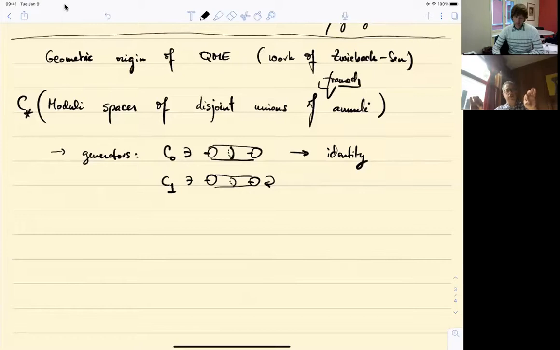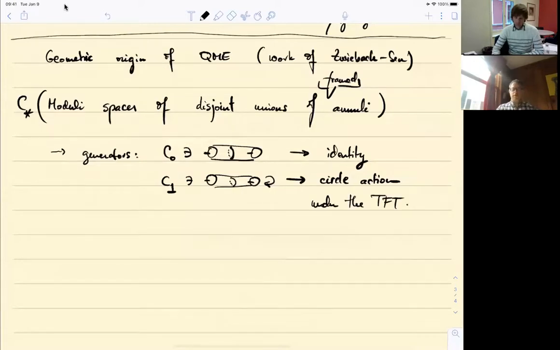As a movie picture, if you want, you see one end staying fixed and the other one is rotating by 360 degrees. And this corresponds to giving me the circle action under the TFT. So I'm thinking about a very small set of Riemann surfaces in the moduli space of Riemann surfaces, and I'm thinking about their image under a field theory.